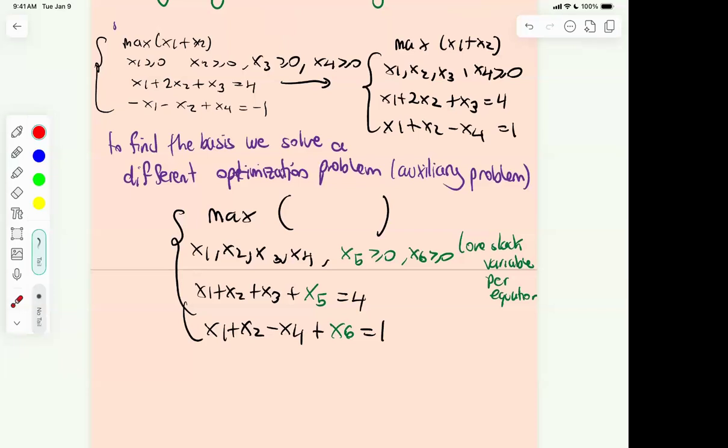So let me make that a remark. The new system of equations is designed so that a solution to the original system of equations happens when the new variables are zero.